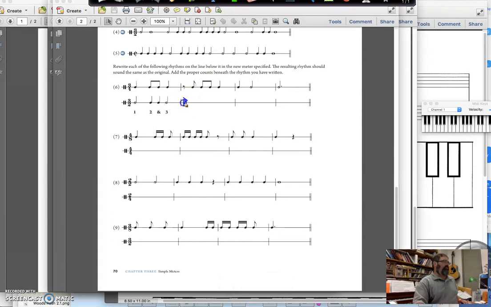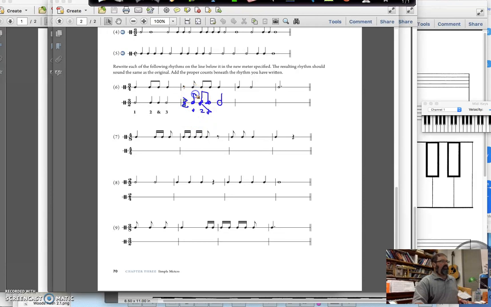So that quarter rest is there, and what was an eighth rest is now a quarter note, right? And what were eighth notes are now quarter notes. And what's a quarter is going to be a half. So there's the third beat note, 1 and 2, and yes, we do need to stem and beam there.